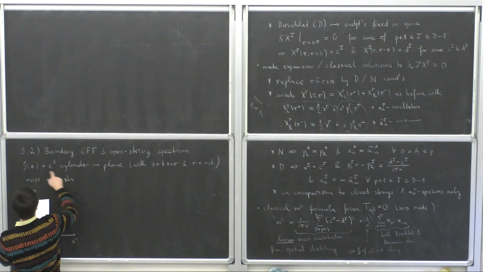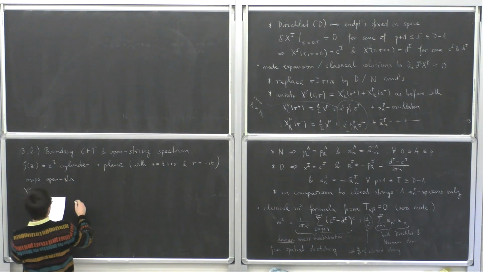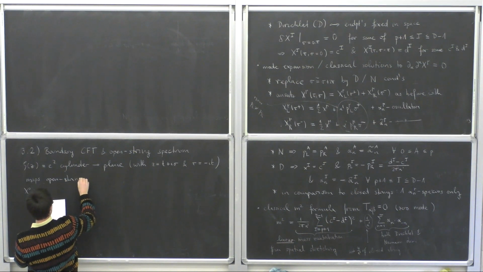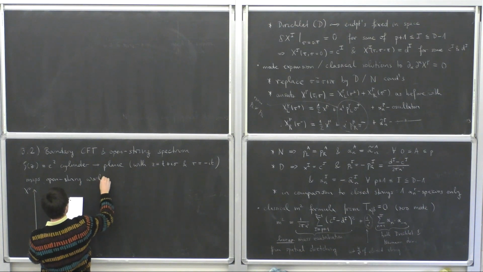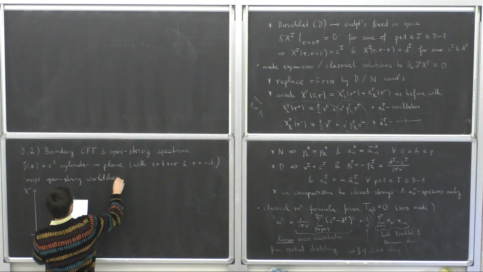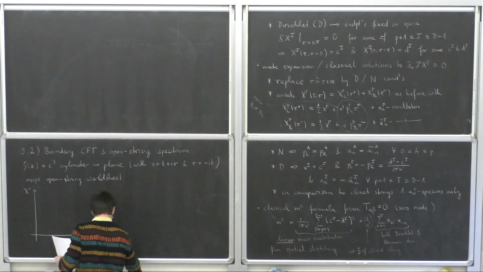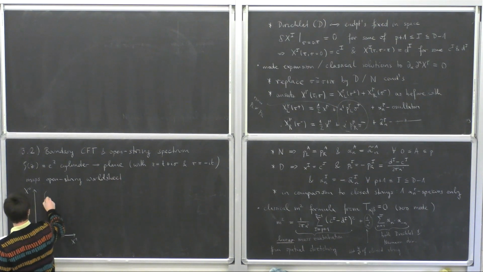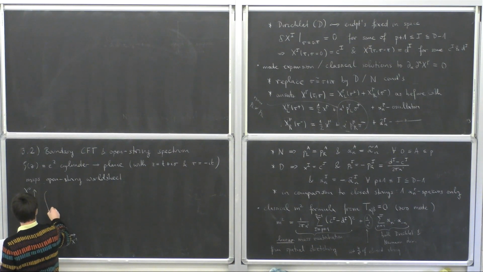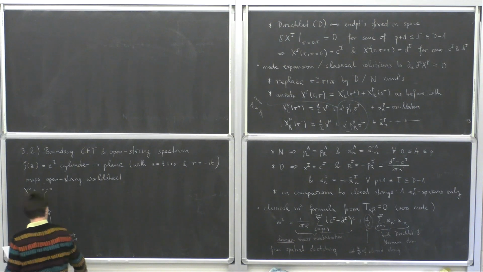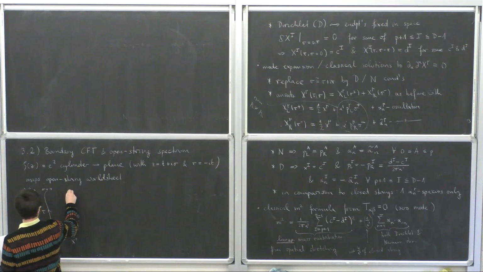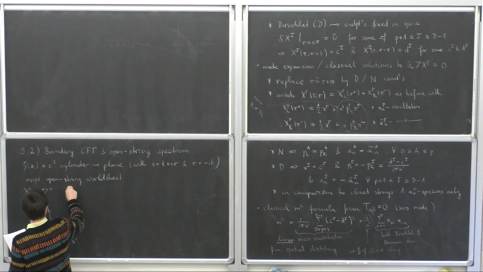So the usual exponential map that took us from the cylinder to the plane will still take us from a strip to the plane. And let's track the fate of the two endpoints. So one endpoint for the open string at sigma equals 0, and the other endpoint at sigma equals pi.